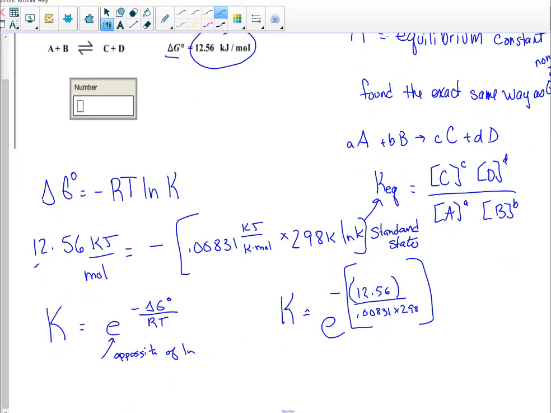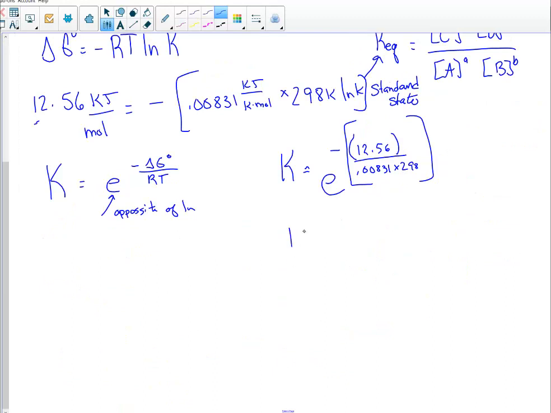I'm going to simplify this bracket. So in my calculator now, I'm going to go 12.56 divided by parenthesis 0.00831 times 298.